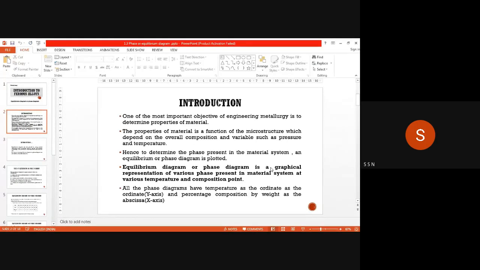The properties of a material are a function of its microstructure, and this microstructure depends on the composition and variables such as pressure, temperature, and concentration. So the microstructure is dependent on composition, temperature, and pressure, and the properties of the material are dependent on the microstructure.